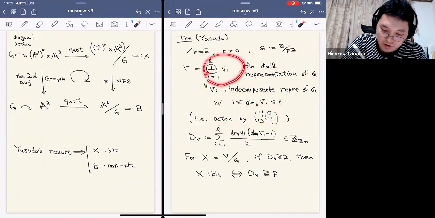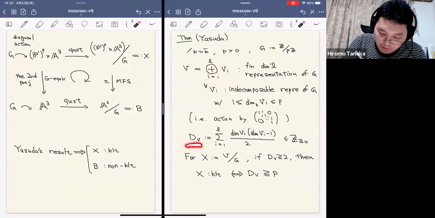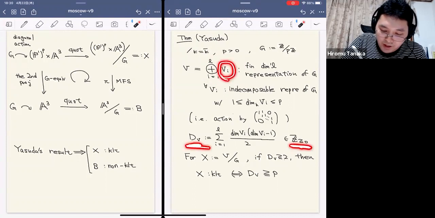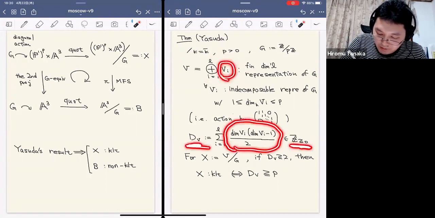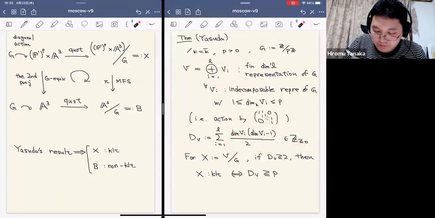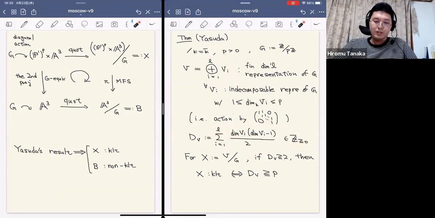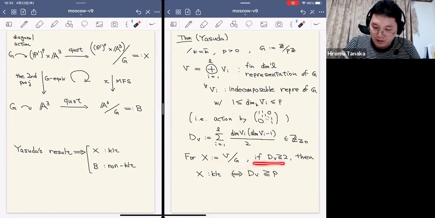Under this notation, we introduce an invariant, which is a non-negative integer. For each V_i, we consider this number, which is dimension times dimension minus 1 over 2, which is an integer, and we take the sum of them. Then Yasuda's theorem states that this quotient variety satisfies this equivalence under this very mild condition.